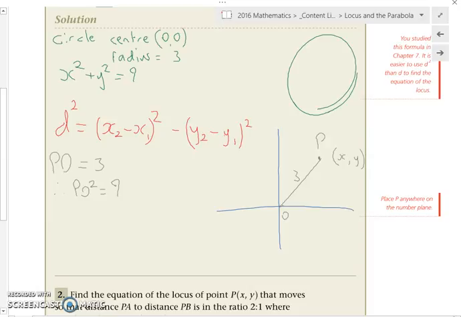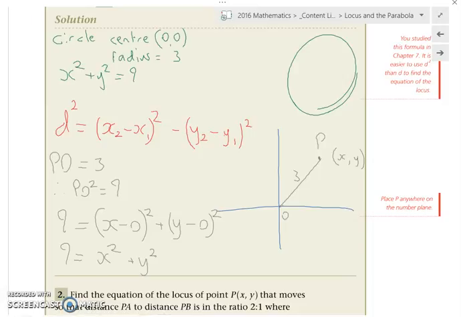So we've got x1 and x2, y1 and y2, or the other way around. So we end up with 9 equals x minus 0 squared plus y minus 0 squared. 9 equals x squared plus y squared. Does that make sense, using the distance formula?